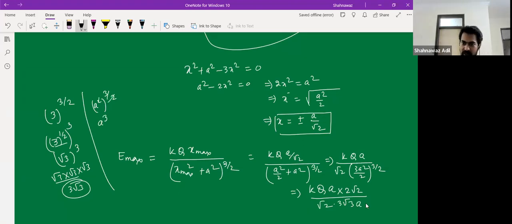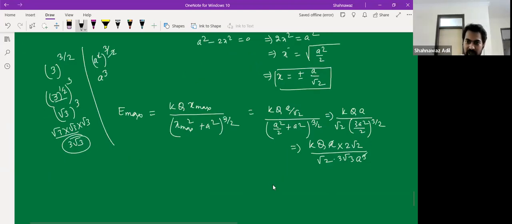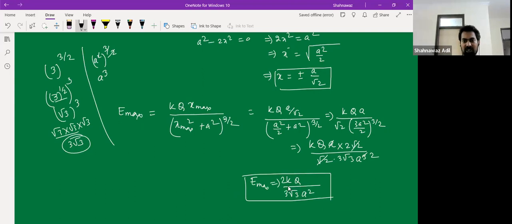So a cancels, and this root 2 also cancels. So we have root 2 KQ by 3 root 3 a square. This is the maximum electric field for the ring charge. Understood, guys? Minimum would be just the minus of this.